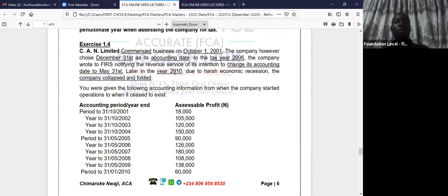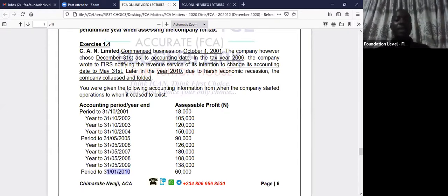This year, 2010, is your cessation year. What date did it cease? We were not told. But if you look at the account, you will see that it is 31st October and 31st January 2010.